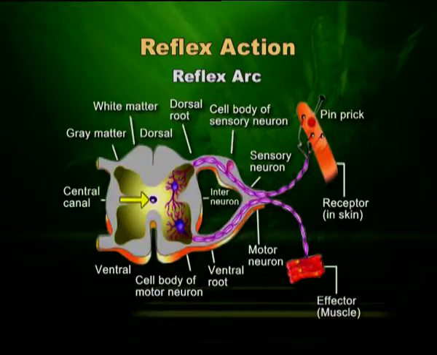The only thing which I would like to repeat here, for your better understanding, is that there are nerve cell bodies in the gray matter. This is the whole gray matter. Here in this diagram, I am showing you two nerve cell bodies. So, the body is in the gray matter and the axon is in the white matter.